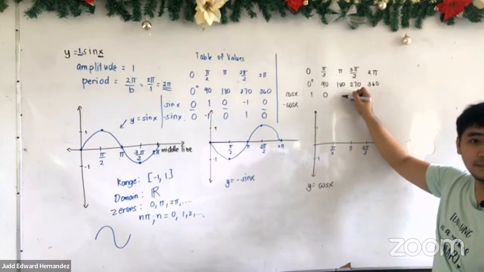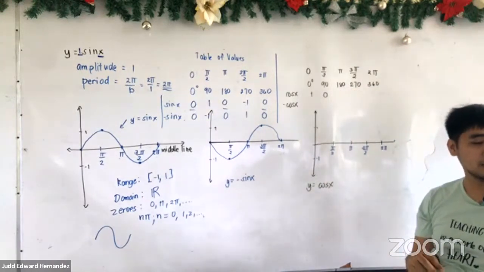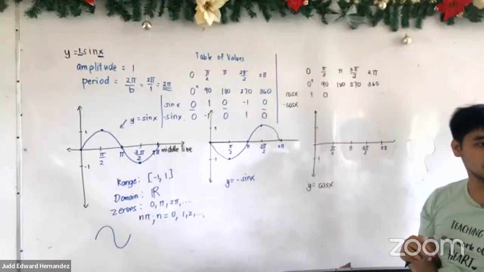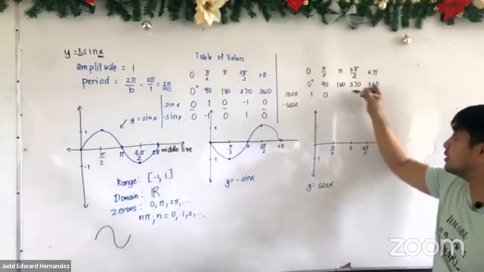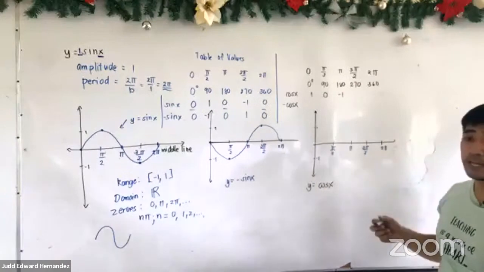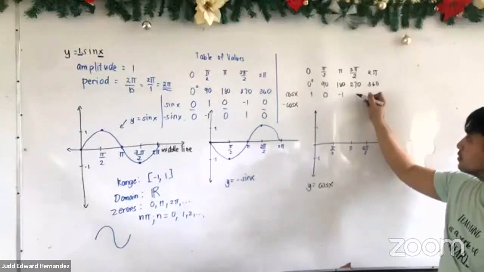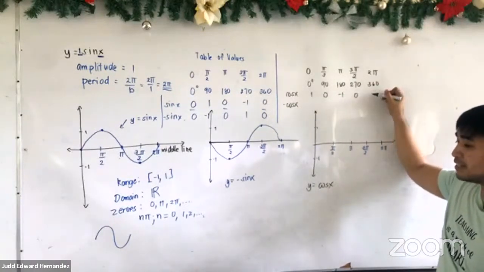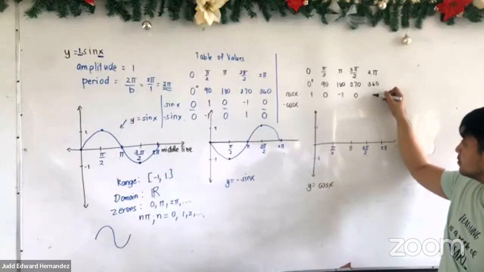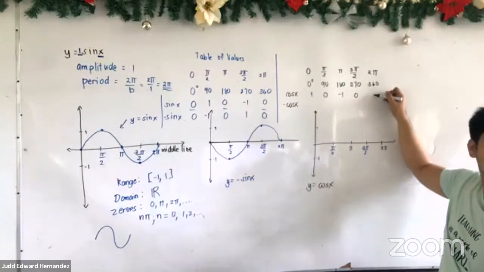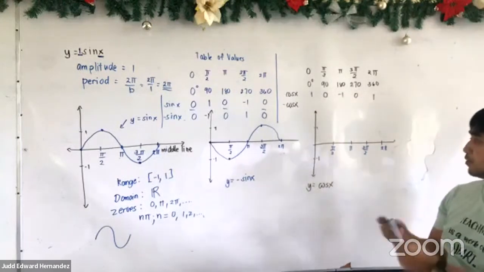Negative 1. What is the value for cosine 270? 0 po. Cosine 360? 1 po.